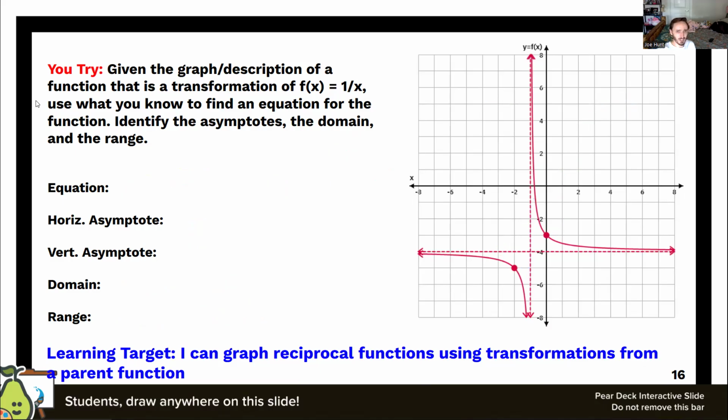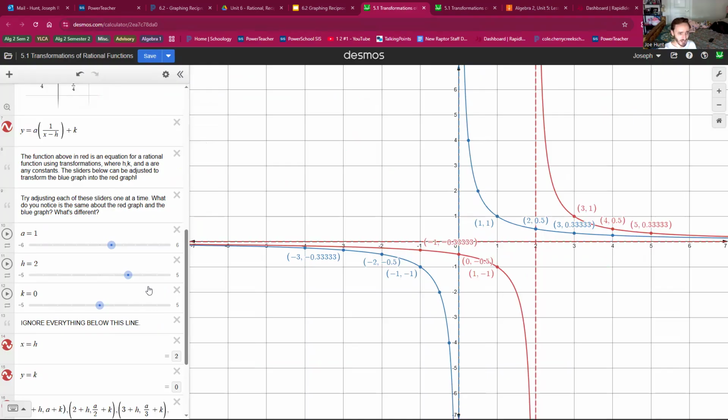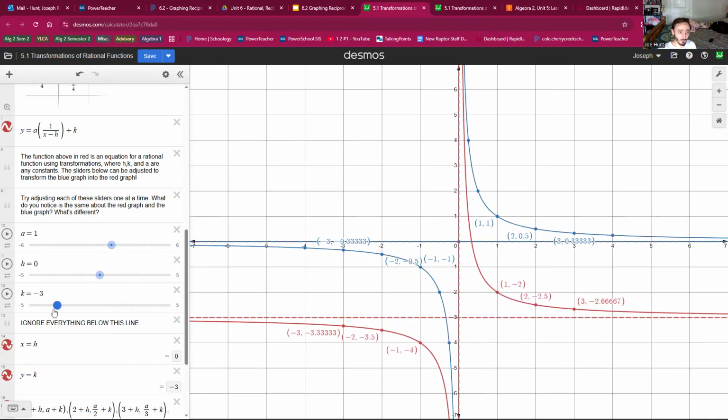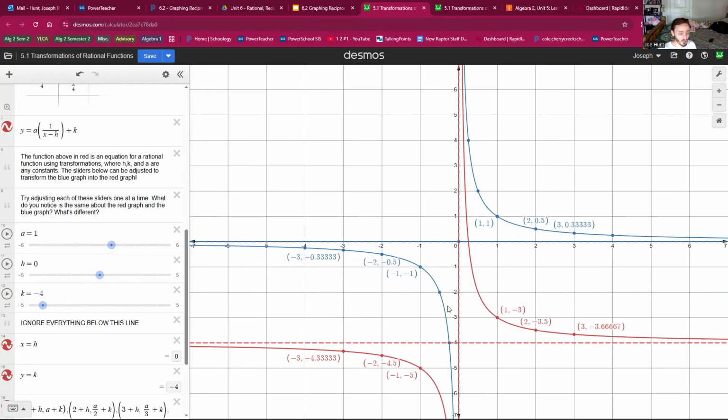Now, again, I'm going to jump out of my slide deck and back into Desmos just so we can highlight that and make sure that makes sense. If I adjust h and k to be 0 and a to be 1, I've got just 1 over x. But if I set k to be negative 4, the whole graph shifts down 4 units to where I need it to be.